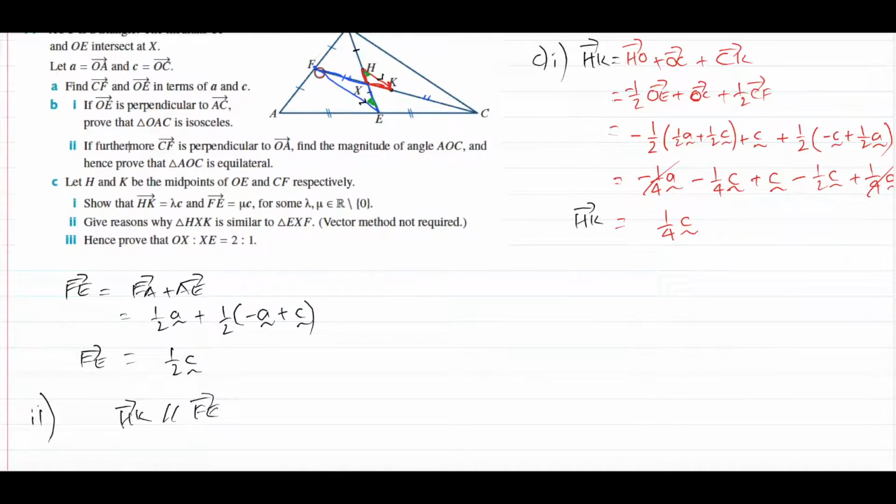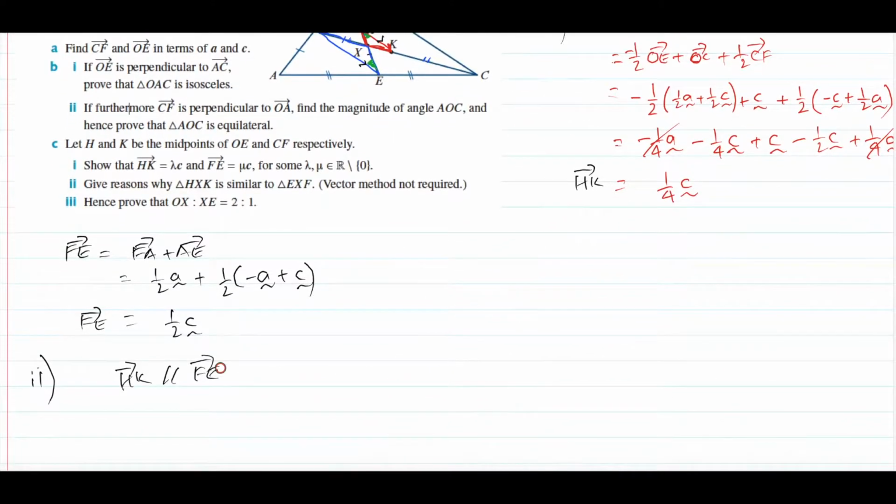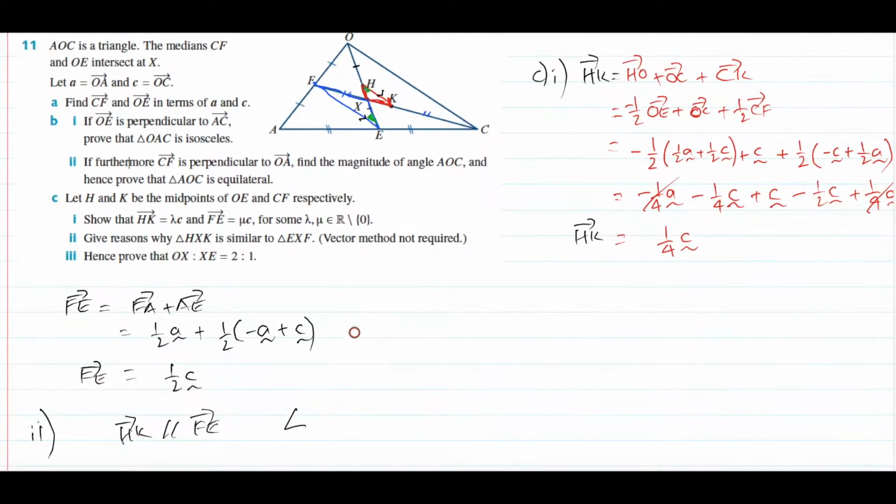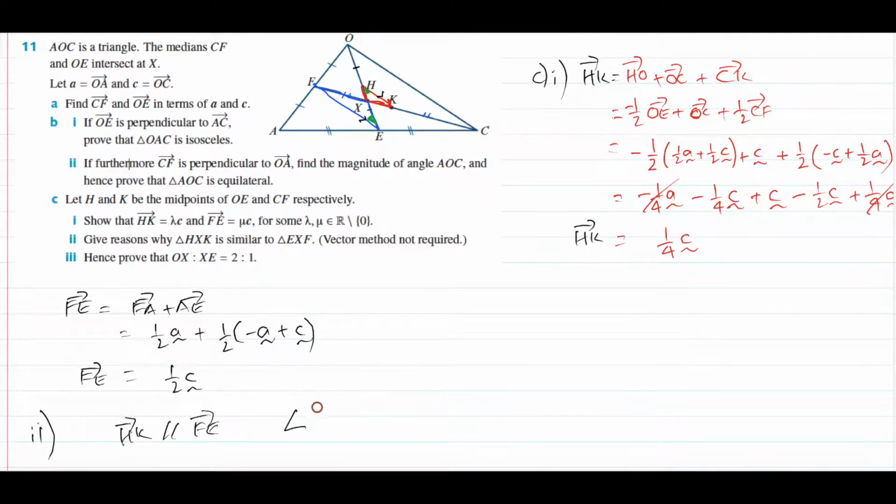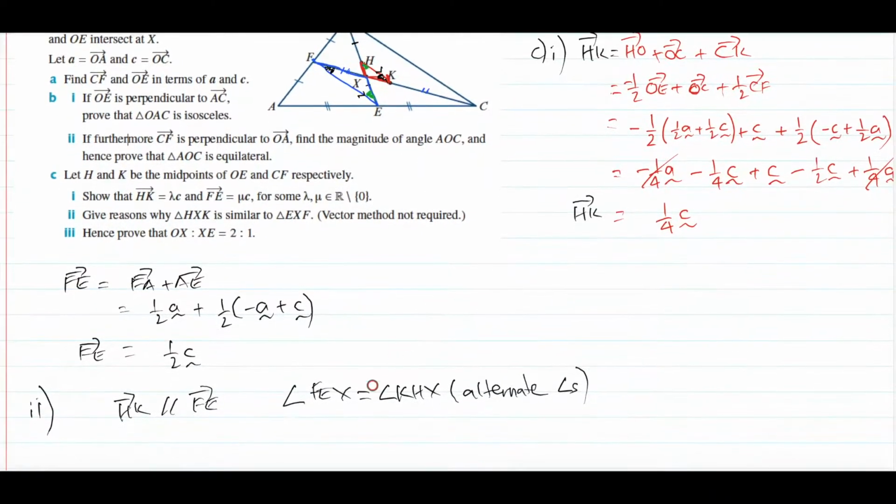So I'll write that down: angle FEX is the same as angle KHX, and you can say alternate angles, right? Of course, we know that's one of them. We can also show that these two are the same. Well, they are parallel, so these two angles right here are the same as well, alternate angles.